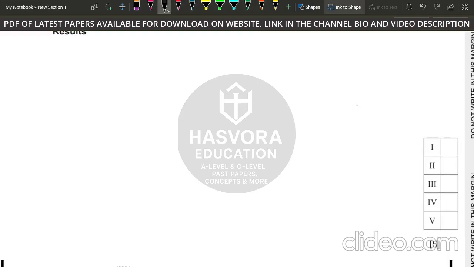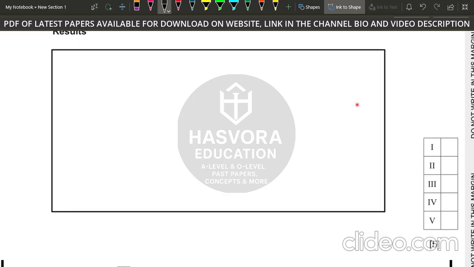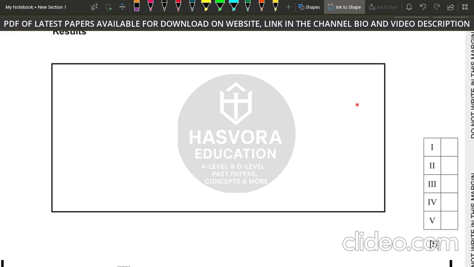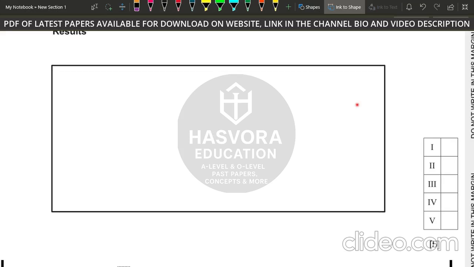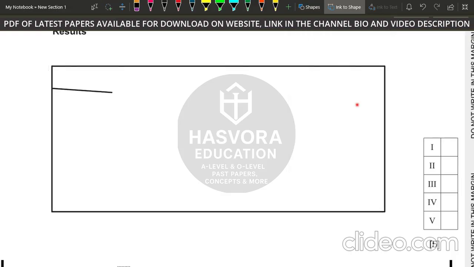So this will be the main table. Let's reduce the size a little bit. Then we will have the first row, which will be for the headings. And what headings will we have?